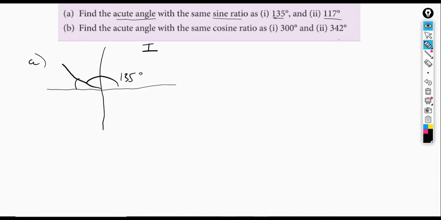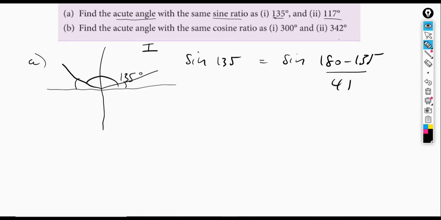So the mirror image of that angle would be here. So this is what we really want to find. But it's easy to find, because it turns out that sine of 135 is equal to sine of 180 minus 135. And this is going to give us 45 degrees.